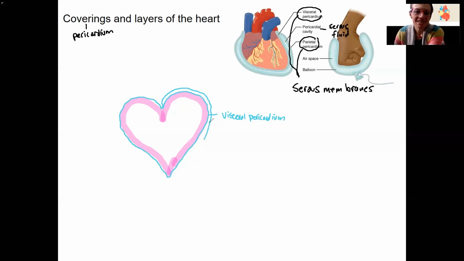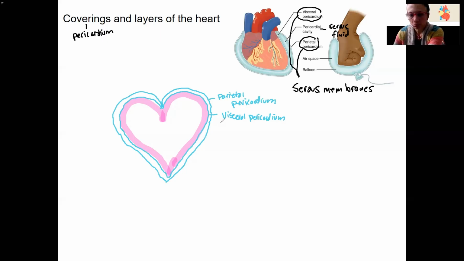While I'm drawing the parietal pericardium, you should guess what is the pink? Like, you know it's the heart, right? It's the same structure. But what literally is it? It is the myocardium. So it's the heart muscle, cardiac muscle.